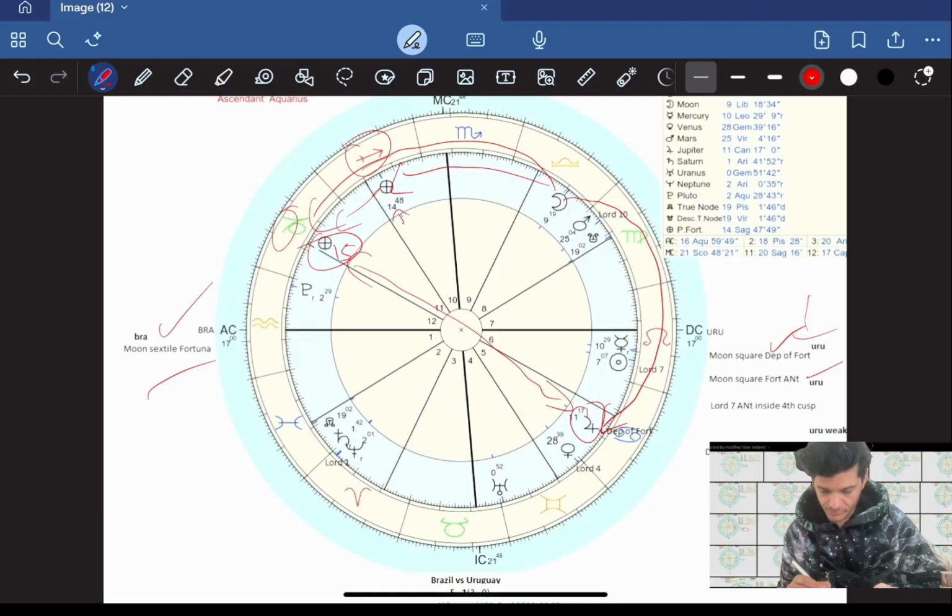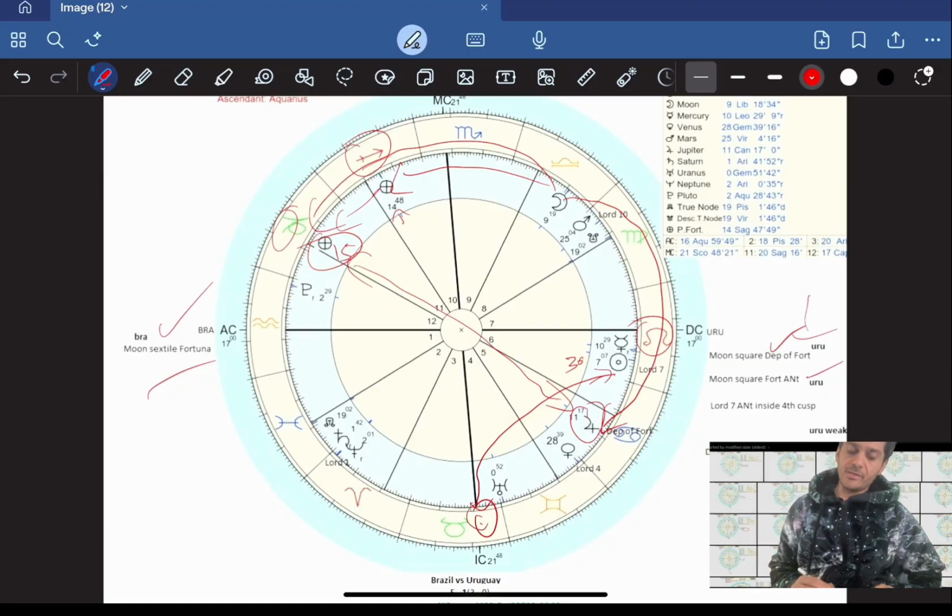You see ruler of 7th, Sun, Leo. Its shadow is Taurus, the anti-sign for Leo. So you subtract the Sun by 30, and it's like 23 degrees. So 23 degrees Taurus, there's the Sun, and at 23 it is tucked inside the 4th cusp. And 7 anti-sign in 4th there.